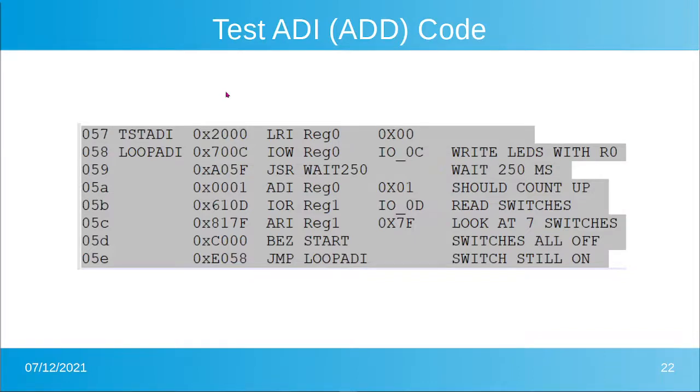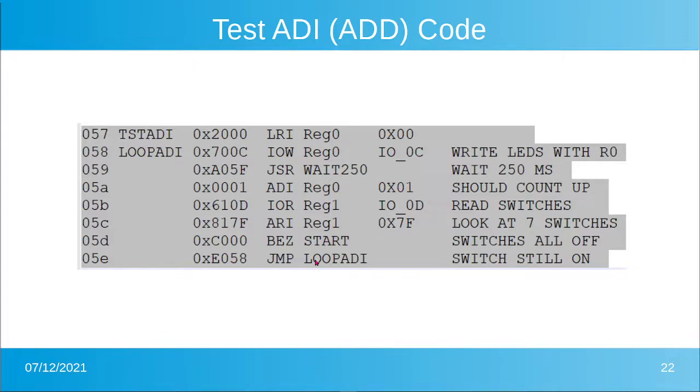Okay, next one we'll have a little piece of code to test the add instruction, and its mnemonic is ADI, add immediate. We start out by putting 0 into the register for the LEDs, and then we write that out, wait for a quarter of a second, then add 1 to that register 0, and then read the switches to see if we're supposed to end.